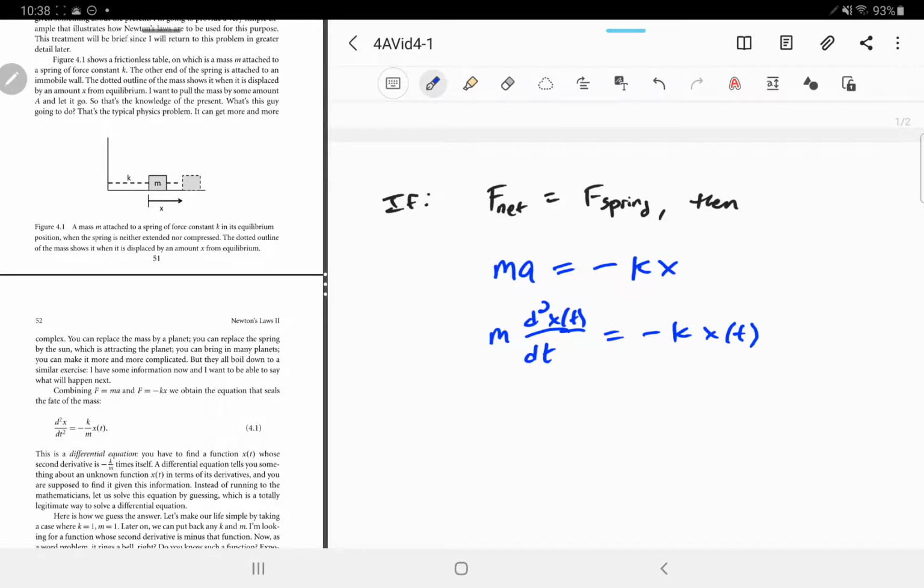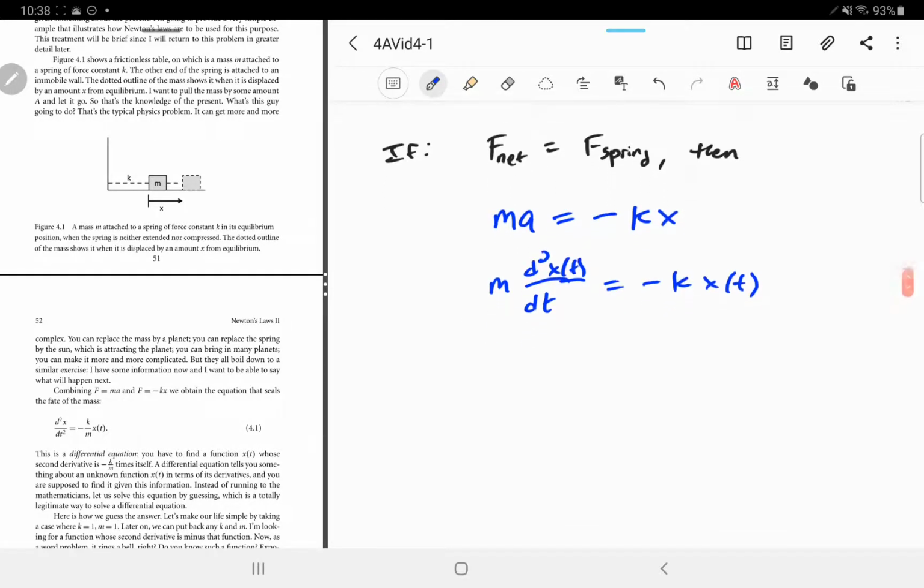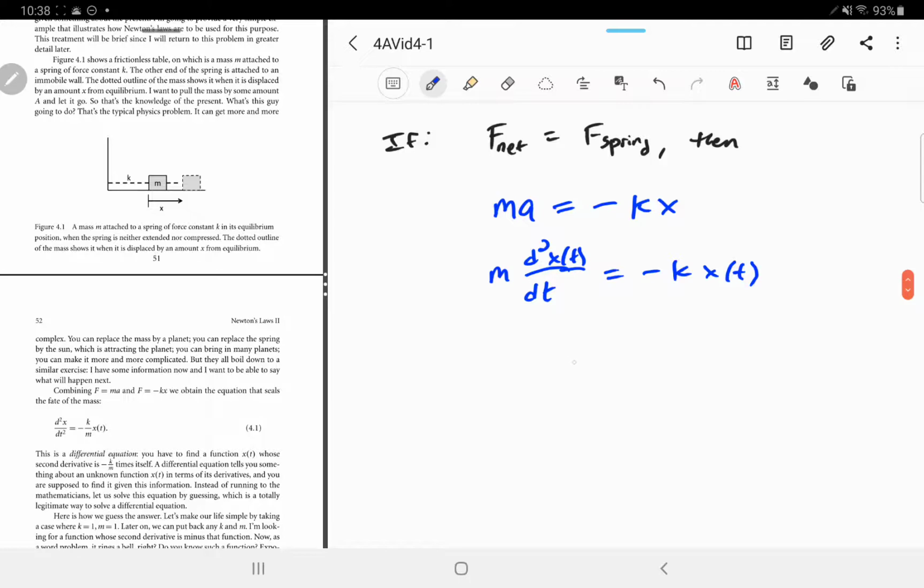So maybe just moving the m over to the other side, two derivatives of a function is equal to minus a constant. k over m is just another constant, and k over m is positive. With this minus sign in front, this is a negative constant times your original function again.